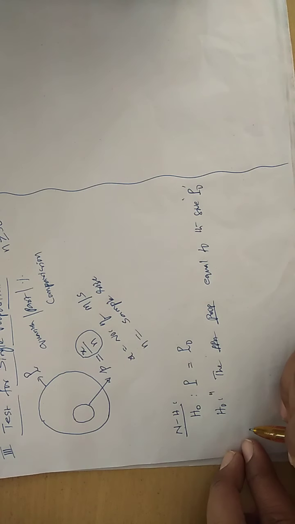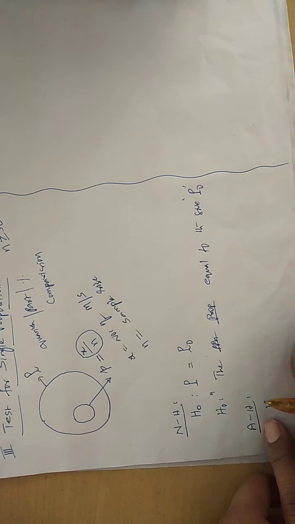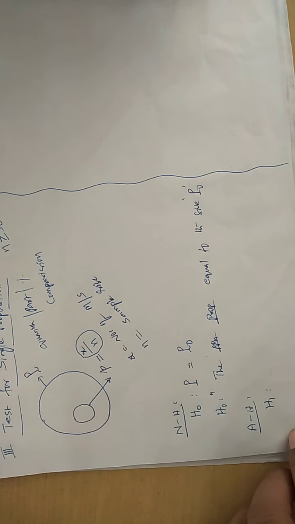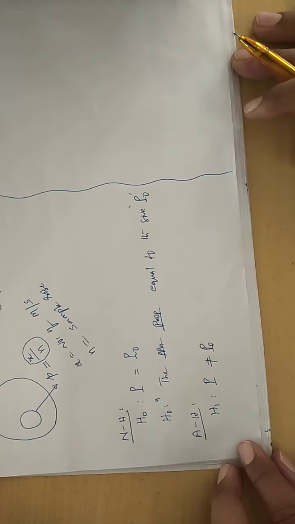Same way, next, the alternative hypothesis. So what is the notation we are using here? H1. Or else if you want you can use HA also. So what does the theory say? It is not equal to P naught. Capital letters again.